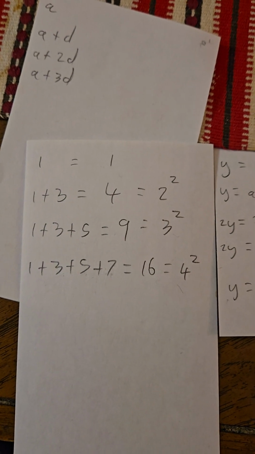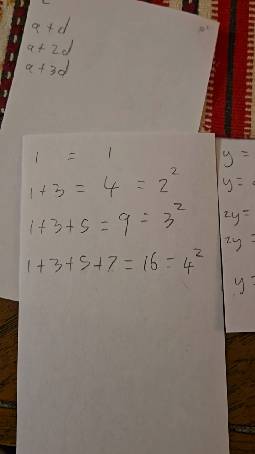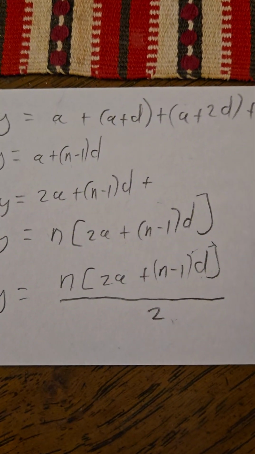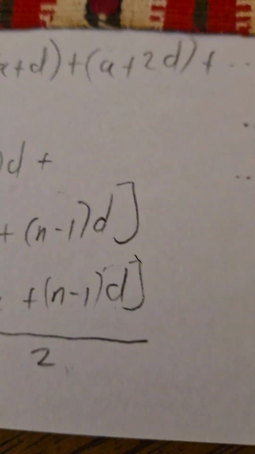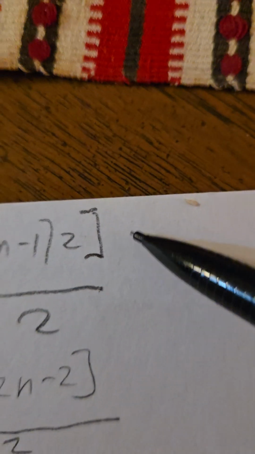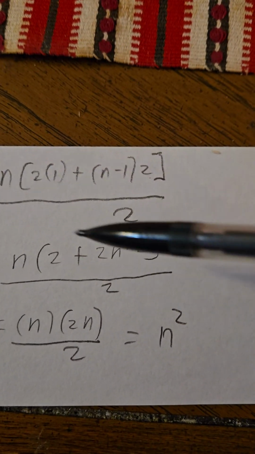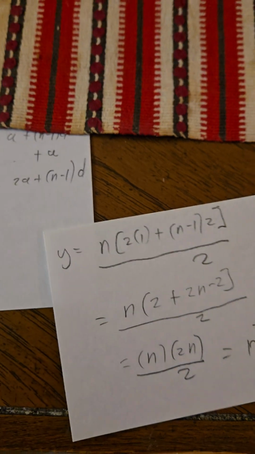But if it's 75 terms or 93 terms, well, we now have that formula. So now I'm going to rewrite the formula underneath over here. For this particular series, a is 1, so I replace that a with 1, and d is 2, so I replace that d with 2, and there's a 2 underneath. And now I just simplify.